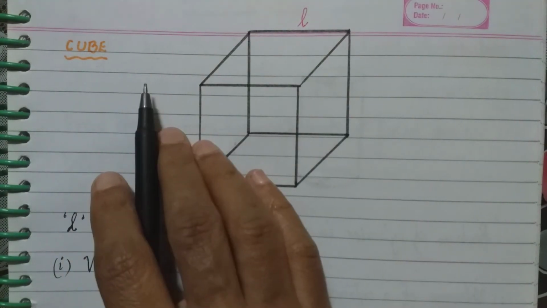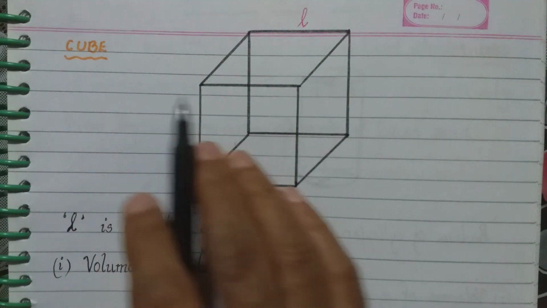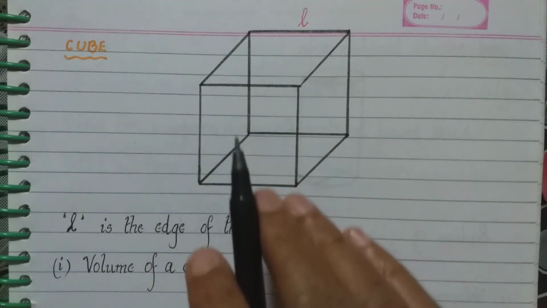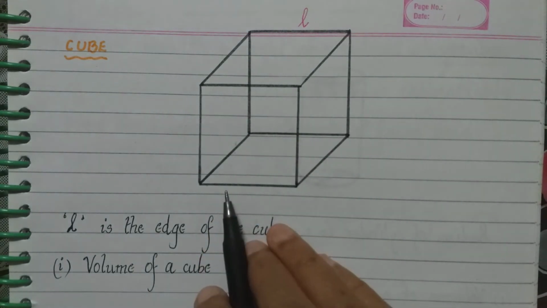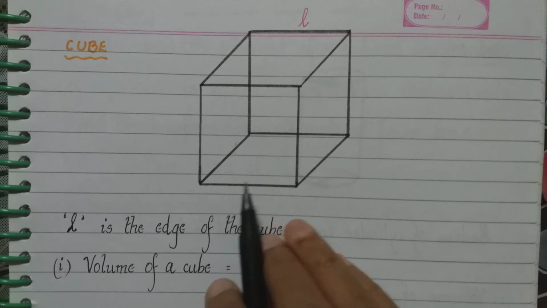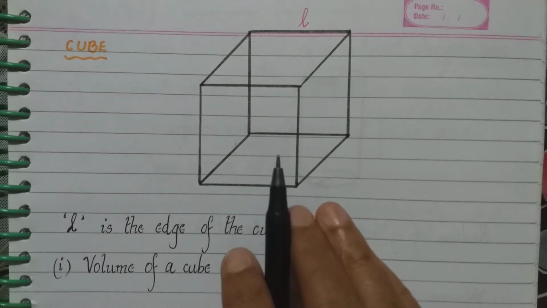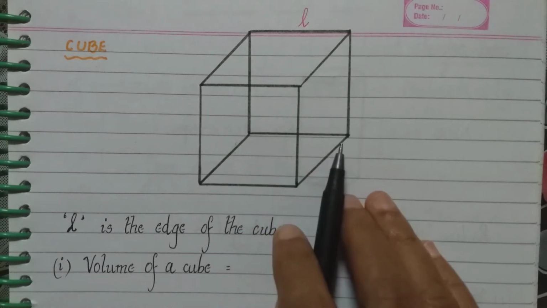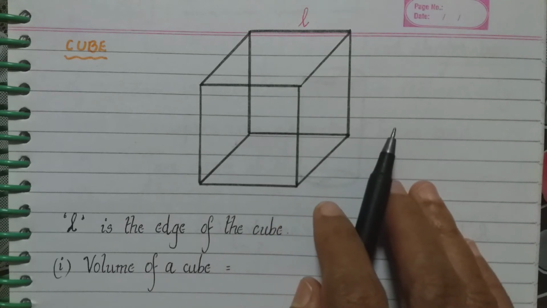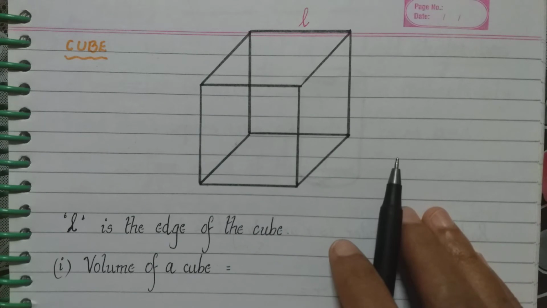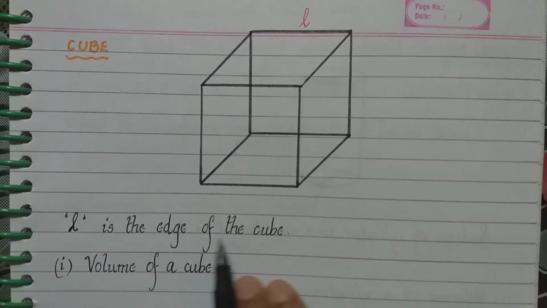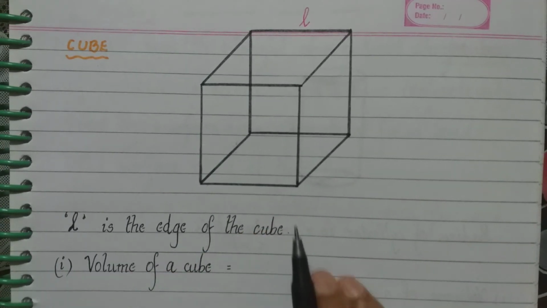Now going to the next figure, which is a cube. Now if you look at this cube, it is a cuboid where all the sides are equal to each other. What does that mean? Here there is no length, breadth and height separate from each other. All the length, breadth and height are equal to each other. Therefore we just have L as the edge of the cube.